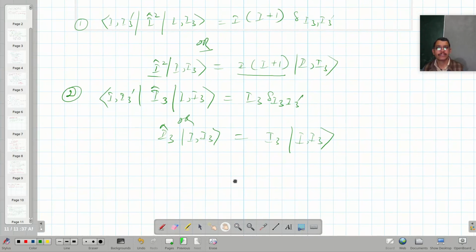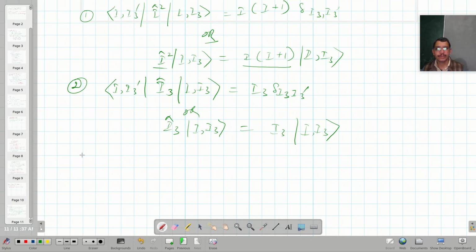And the third is a very important thing which we have to keep in mind. This is very important. Let me write that down. So it is I comma I3 prime, I plus minus.